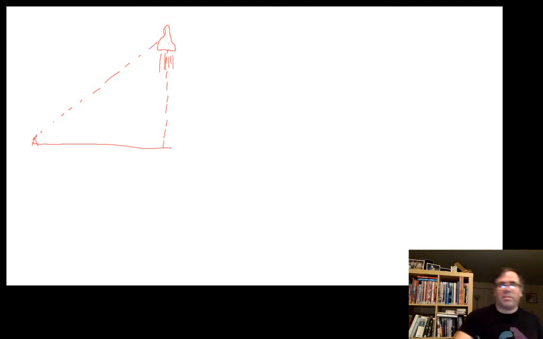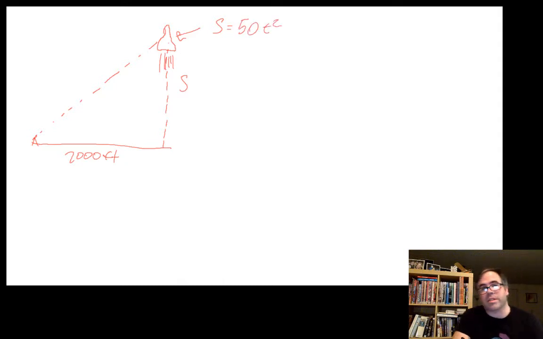So you need obviously some information. In this one, the camera is 2,000 feet from the launch pad. If we call this S the distance above the ground, I don't know why they call it S, but they're going to use weird letters for it. So S equals 50t squared, where t is time after liftoff.